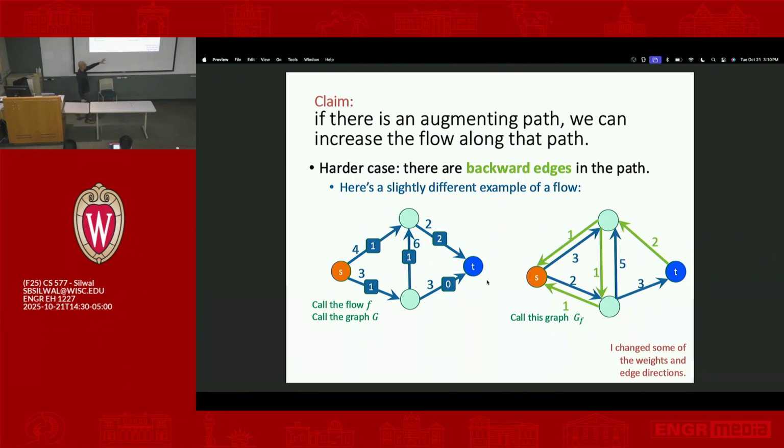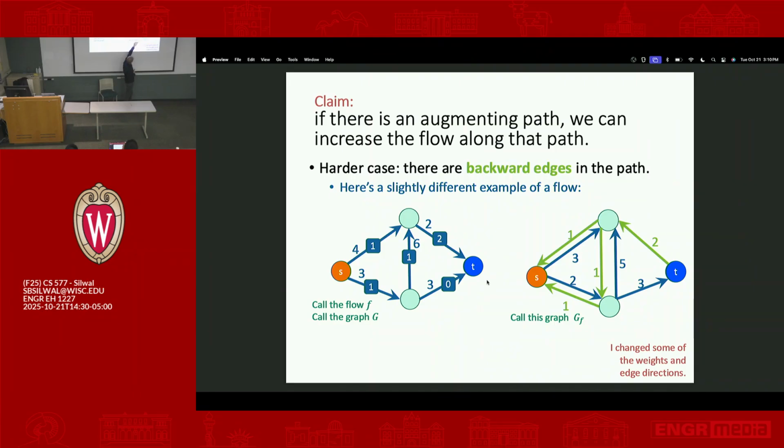Okay, so we've changed the graph a bit. Let's say the graph looks like this. This is the original graph with some flow values and some cost, capacity values, flow values. This corresponds to a graph G sub f, where the green edges are the flows. So this edge has no corresponding green edge, because there's no flow on it.